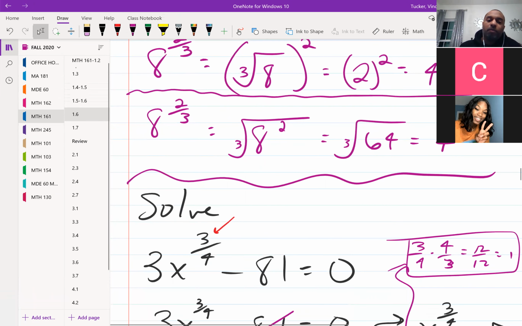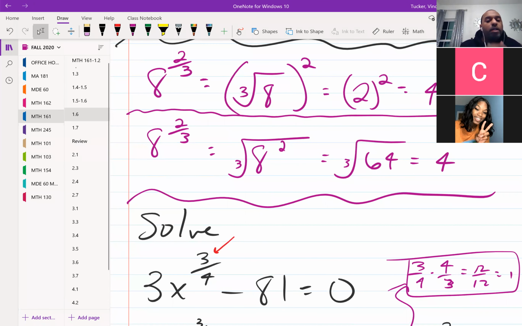So let's scroll up. So applying that thought process of solving with these radical exponents, we have 3x to the 3/4 power minus 81 equal to 0. So our top number, m, is odd.